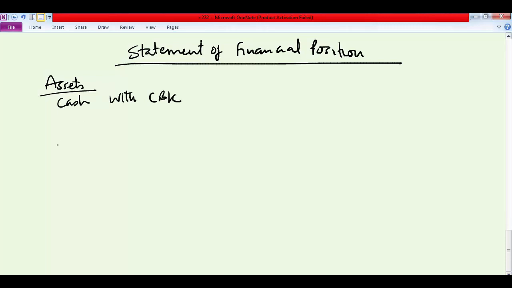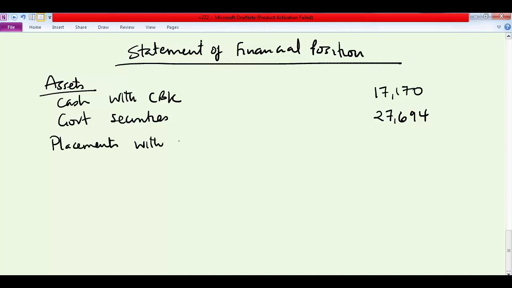So start with cash with CBK. Government securities. Placements with other banks. Then you have financial assets.